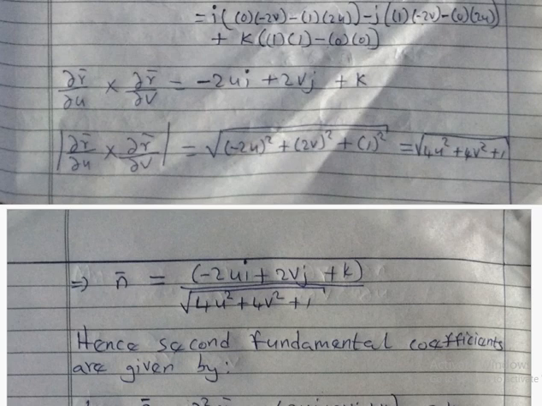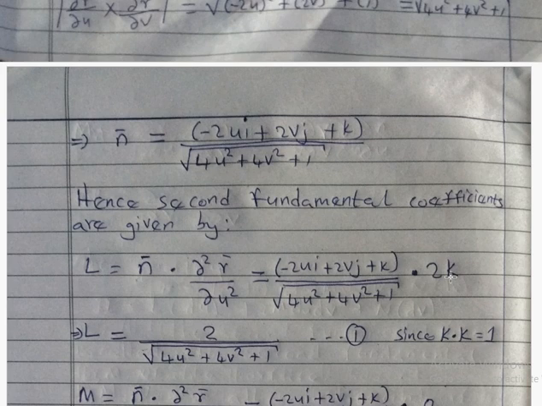You can see here 2k can be written as 0i plus 0j plus 2k. So when we find the dot product between this and this one here, we'll just have k dot 2k, and k dot k is 1, and therefore L will be 2 over the square root of 4u squared plus 4v squared plus 1.